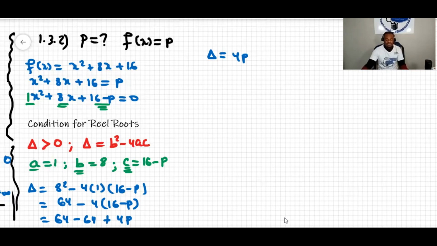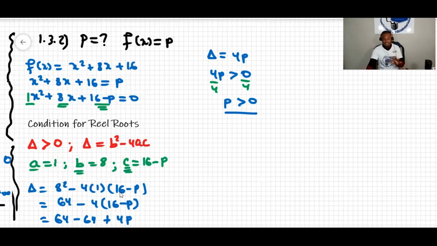Now, according to the condition, the discriminant must be greater than 0. So 4p must be greater than 0. If we divide both sides by 4, we get p is greater than 0. p must be greater than 0. This is the condition to have real roots.